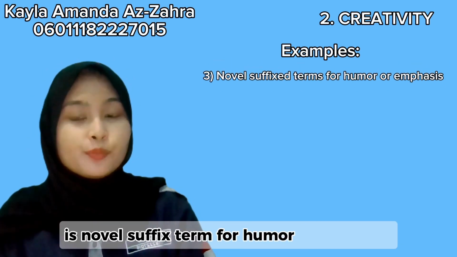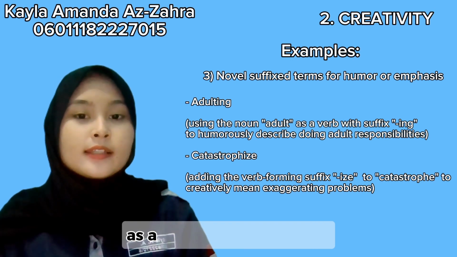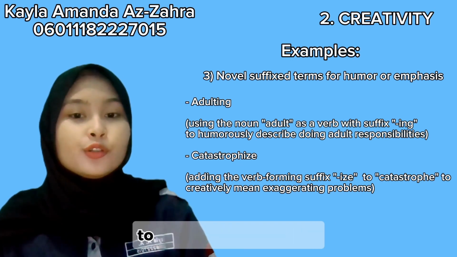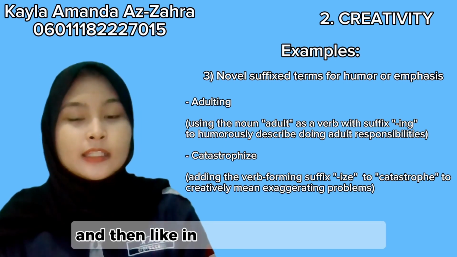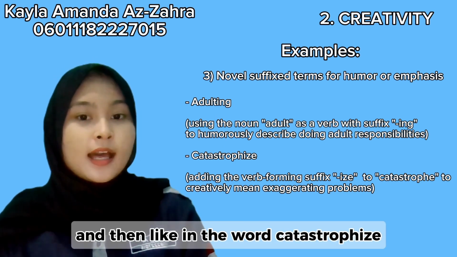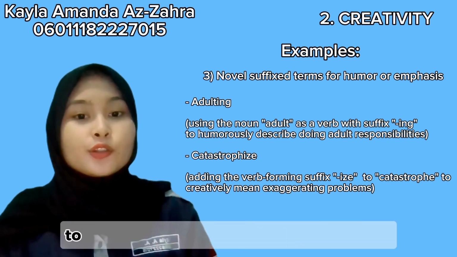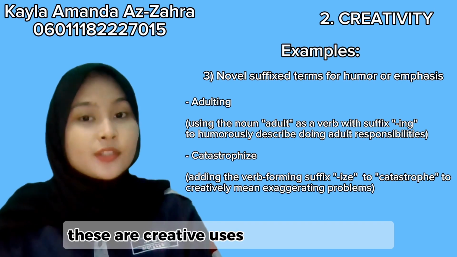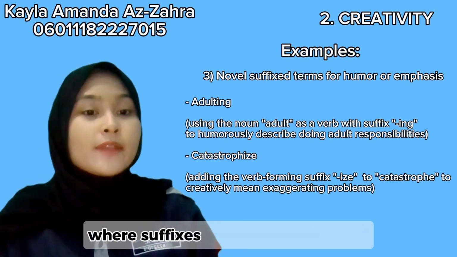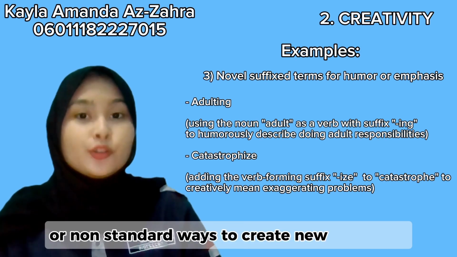And the last example is novel suffix use for humor or emphasis, like the word adulting, using the noun adult as a verb with the suffix -ing to humorously describe doing adult responsibilities. And then, like the word catastrophize, adding the verb-forming suffix -ize to catastrophe to creatively mean exaggerating problems. These are creative uses of word formation where suffixes are applied in playful or non-standard ways to create new meanings.